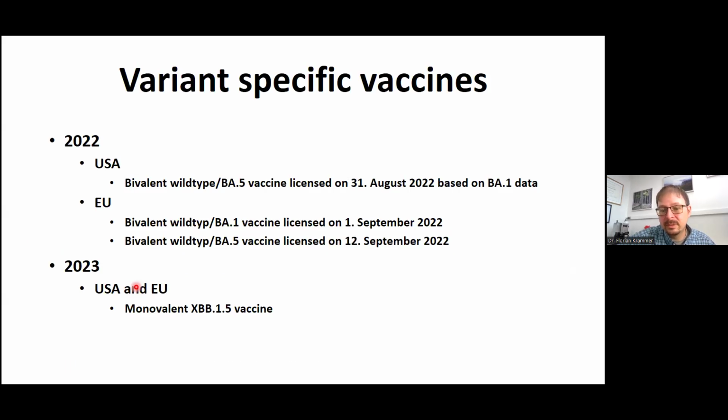And because we had so much change with these viruses over time, as you all know, we had variant-specific vaccines that were introduced. In 2022, we had the bivalent vaccines with wild-type spike and then BA.5 spike. And then last year, we had the XBB.1.5 vaccine, right?